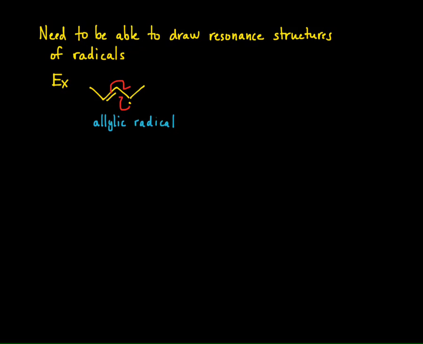That leaves us with one electron left over, and that electron goes to the other carbon. The result is this resonance structure. Again, we form another allylic radical, and these two structures are in resonance with one another. That resonance is going to help to stabilize things, which we're going to see becomes important later on.